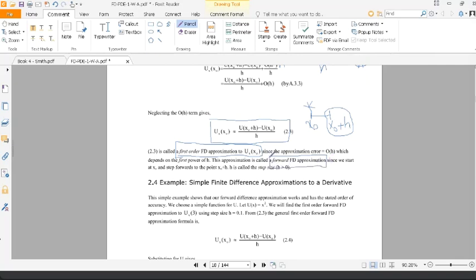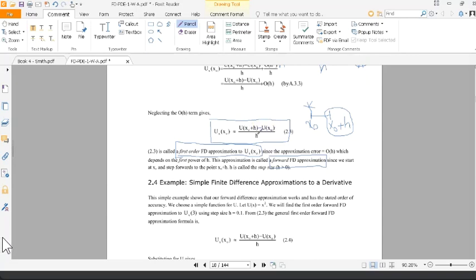When we ask you for the first order forward approximation, you should answer u_x of x0 is equal to u of x0 plus h minus u of x0 over h. It's very important.